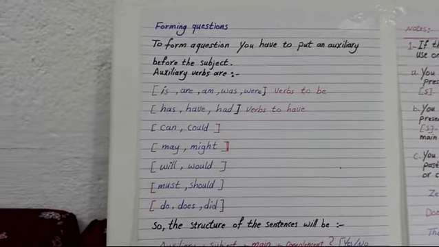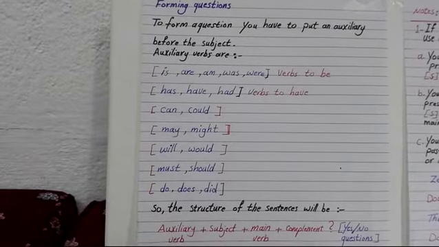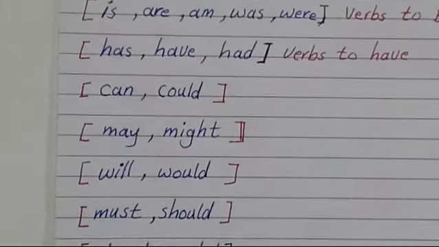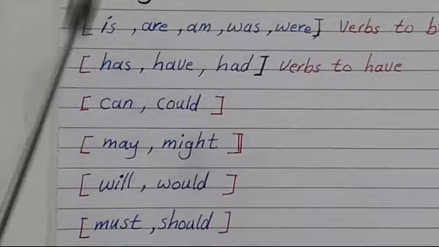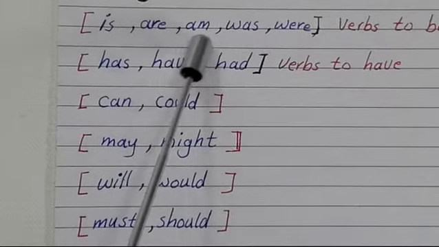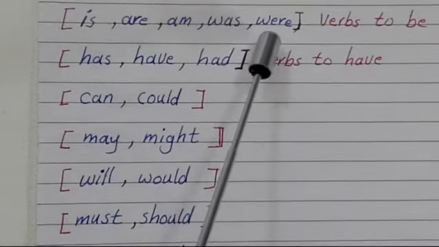auxiliary verbs are، الأفعال المساعدة هي is، are، am، was، were.